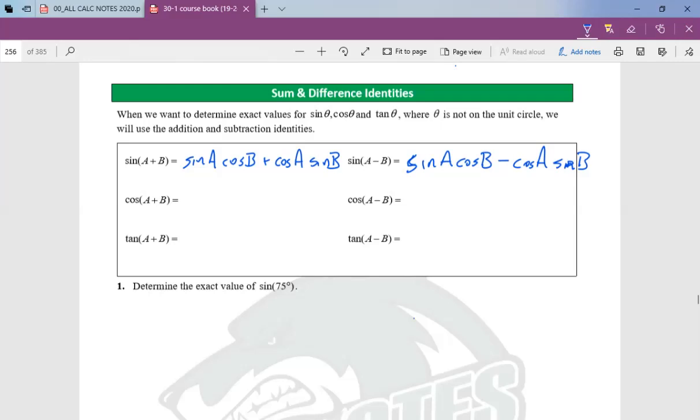Okay, so moving into cos, cos shifts things around a little bit. The formula for cos of a plus b is cos a cos b minus sine a sine b. And then for cosine of a difference, cos a cos b plus sine a sine b.